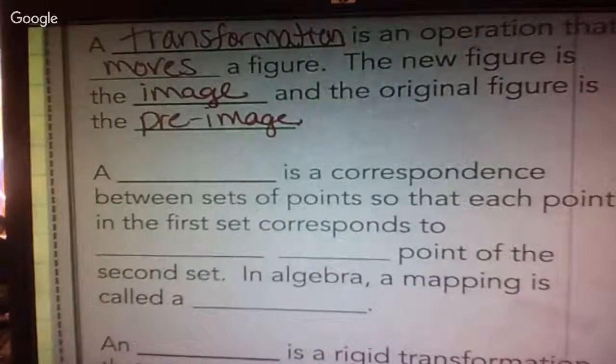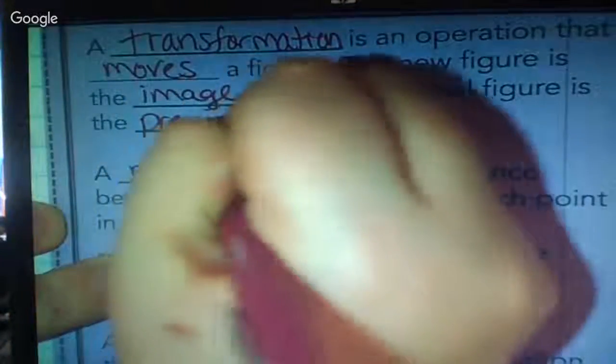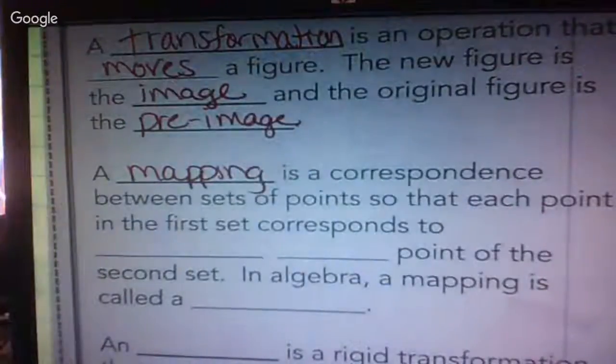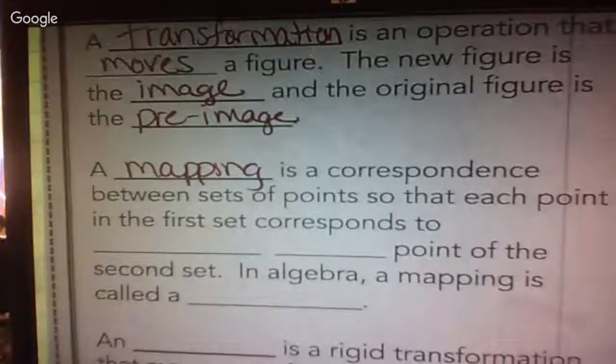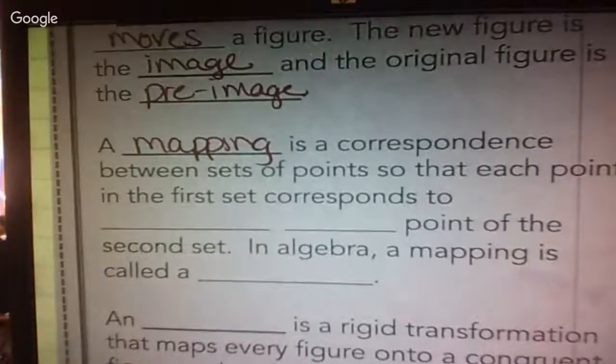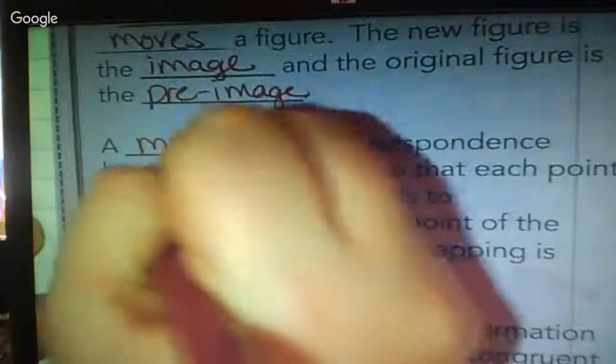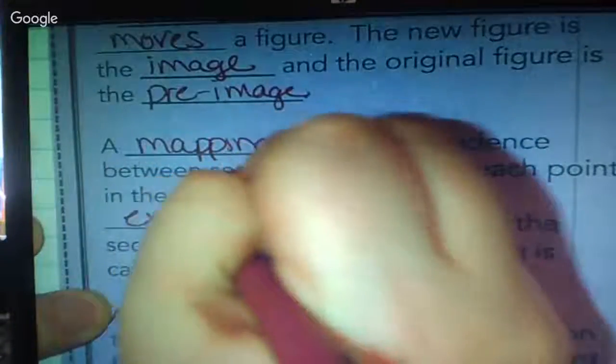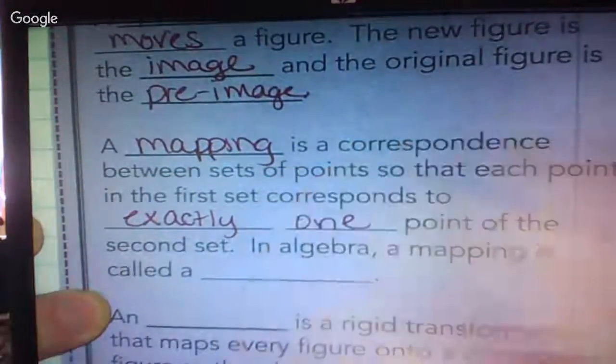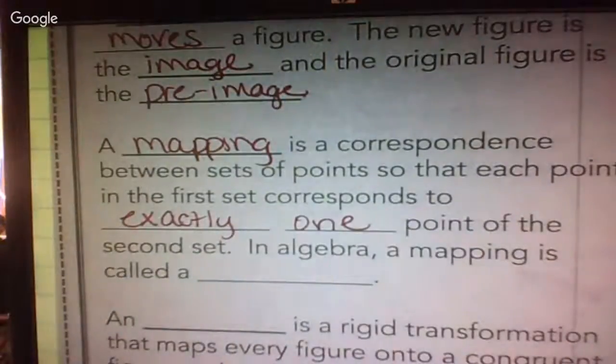Okay, when we look at the set of points, it's called mapping. A mapping is a correspondence between sets of points so that each point in the first set corresponds to exactly one point of the second set.